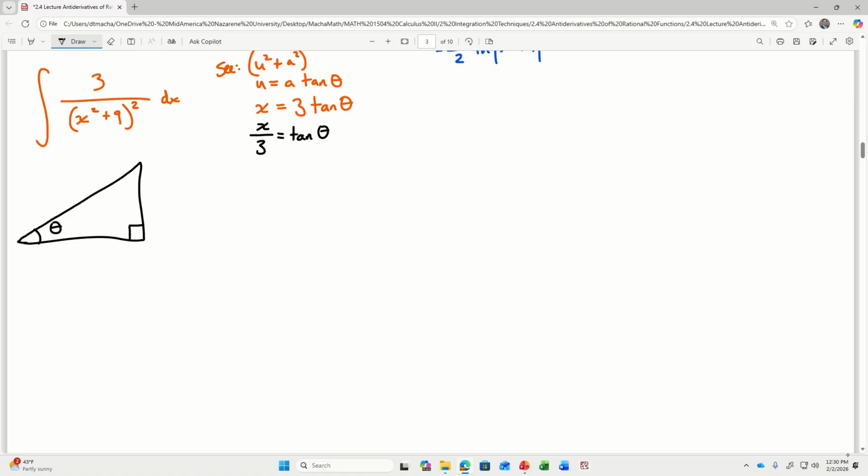So the opposite side is x, and the adjacent side should be 3. On my right triangle now, what is the length of the hypotenuse? Square root of x squared plus 9. There you go. The Pythagorean theorem says this hypotenuse should be square root of x squared plus 9.